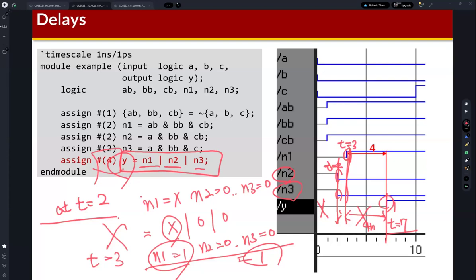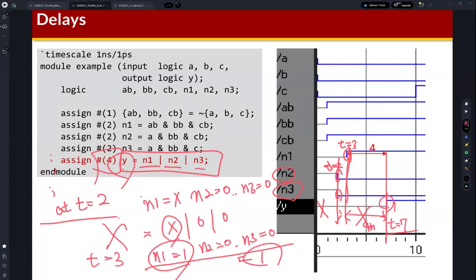So in normal programming languages, we can just understand that these statements are executed sequentially from top to bottom. Like this statement is executed, then statement 2 is executed, then 3, and so on.